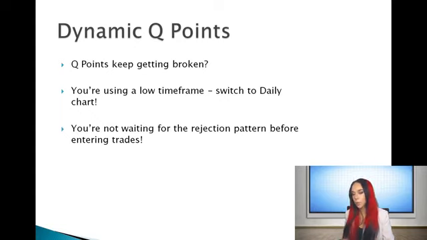But mainly people who complain about the Q points repainting, as they're calling it, it's just a case of staring at Q points on like a 5-minute chart or even a 15-minute chart, expecting them to work out. If you're going to trade like that, you will need market profile, you will need average daily ranges, and you will also need the right time of day when that lower time frame Q point gets reached.